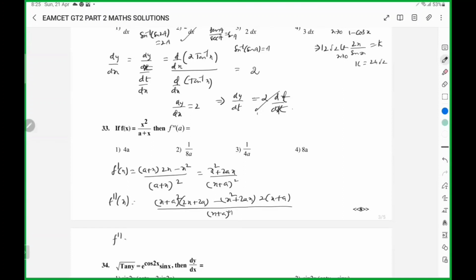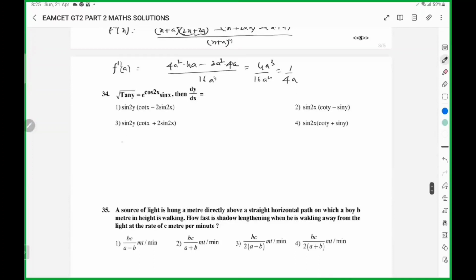F double dash a will be a plus a whole square, 2a plus 2a. Here 2a square plus a square, 2 times 2a by 16a power 4. 16 minus 12, 4a cube by 16a power 4, which is 1 by 4a.